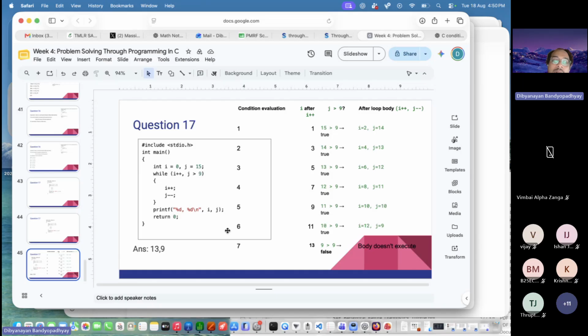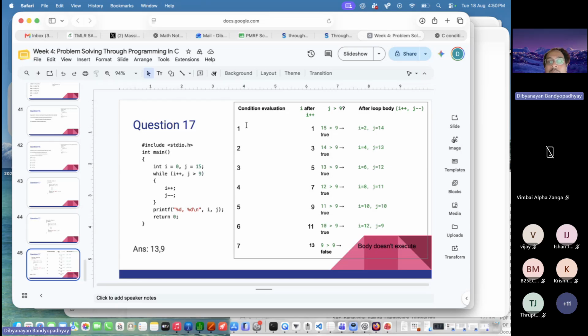So you just do a plot like that: the evaluation step, the value of j, and after the loop, the body. What are the values? At the initial stage, after i plus plus is done, i will be 1.